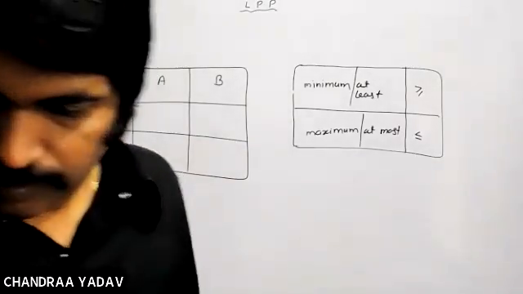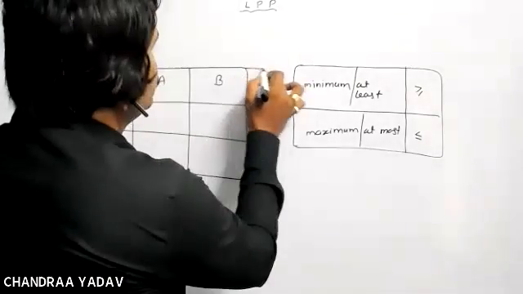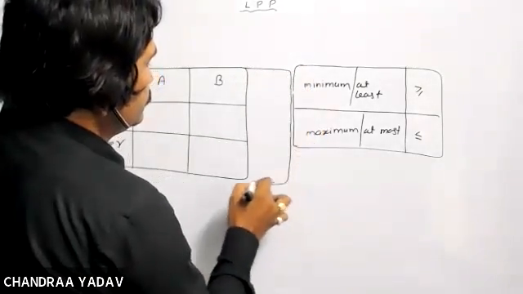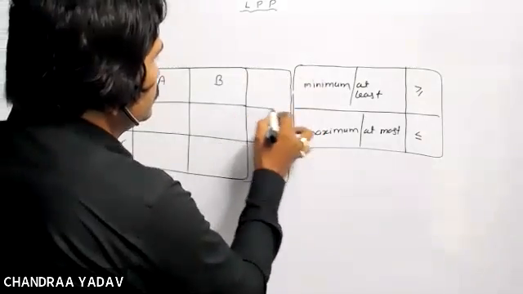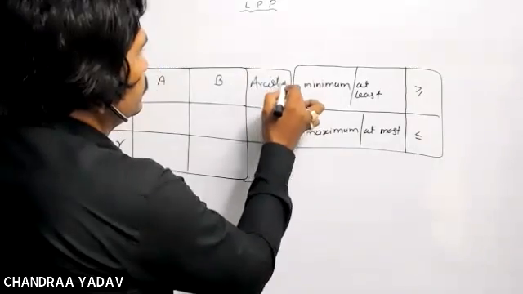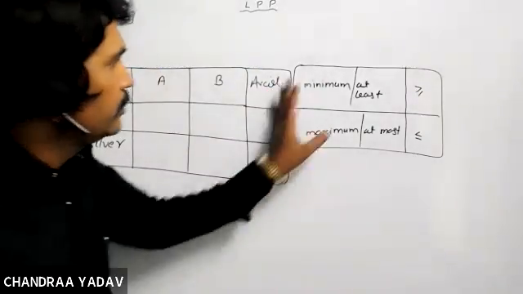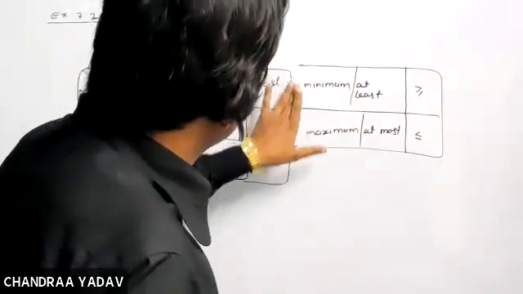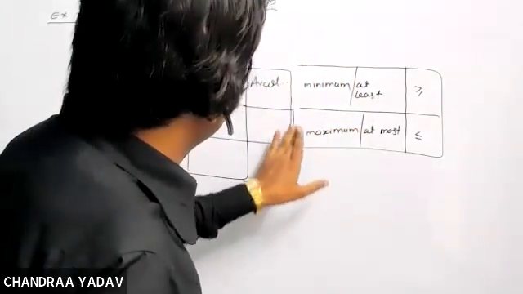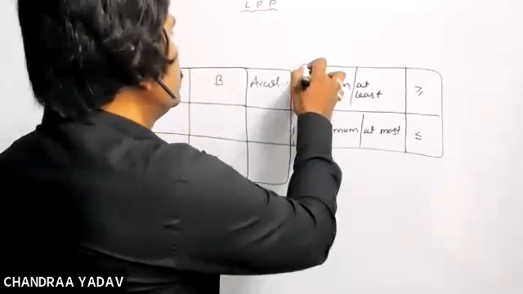Okay. Now, one more. We'll write here availability. Okay. This is not a part of the solution, but definitely it will help us frame the inequations.